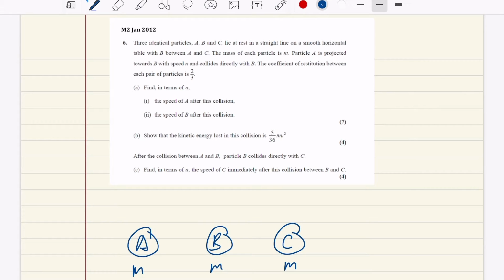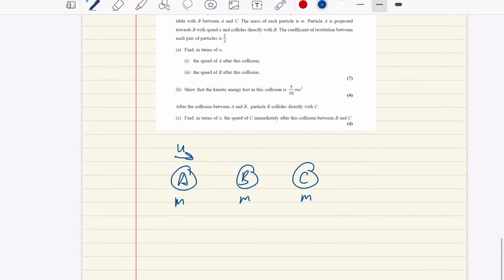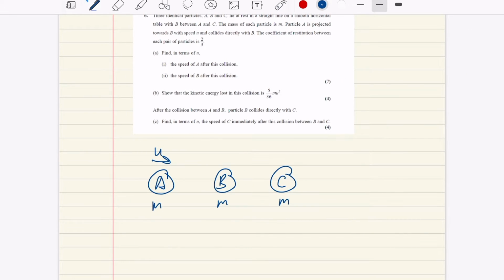Particle A is projected towards B with speed u and collides directly with B. The coefficient of restitution between each pair of particles is 2 over 3, so whenever they collide, the coefficient of restitution will always be 2 over 3. Okay, so part A: find in terms of u the speed of A after this collision.